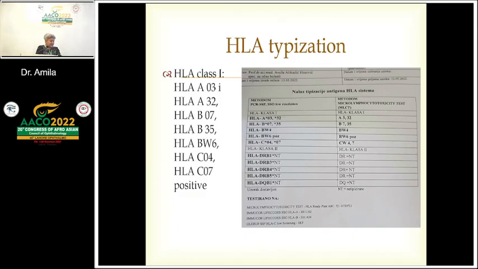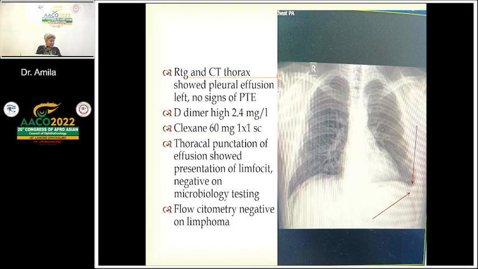HLA typing showed only HLA-C07 positive. When we performed the chest X-ray, you could see some pleural exudate on the left side.